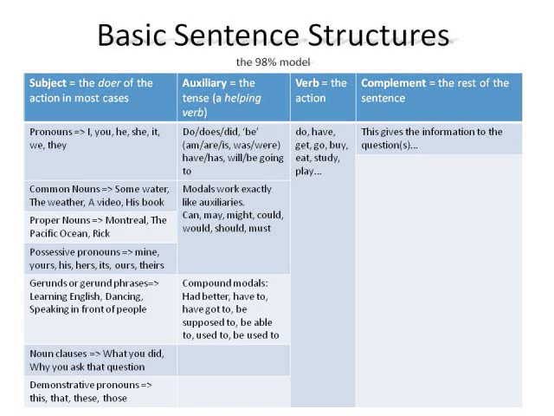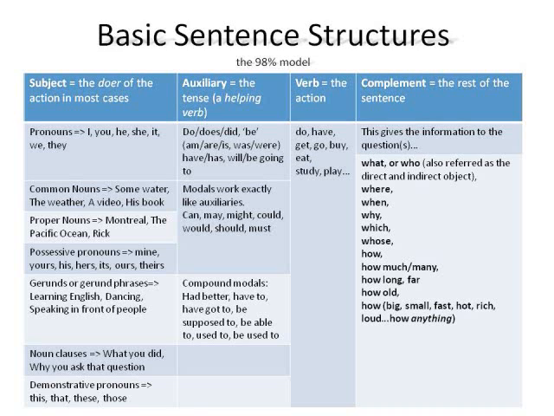The last part of the sentence is the complement. Now the complement, as I mentioned, is the rest of the sentence, but what it does is that it gives the information very often that the speaker wants to relate. It answers the information questions. The questions are what or who. This is also referred to as the direct and indirect object. Where, when, why, which, whose for the possessor.